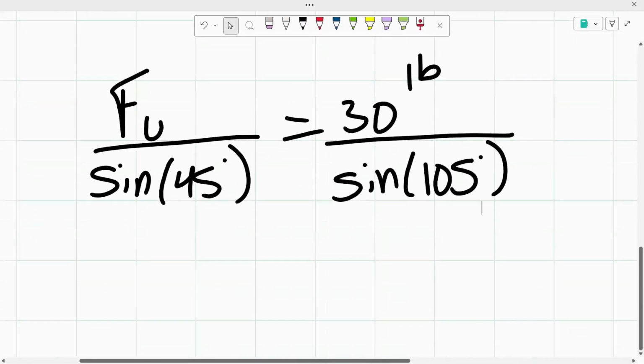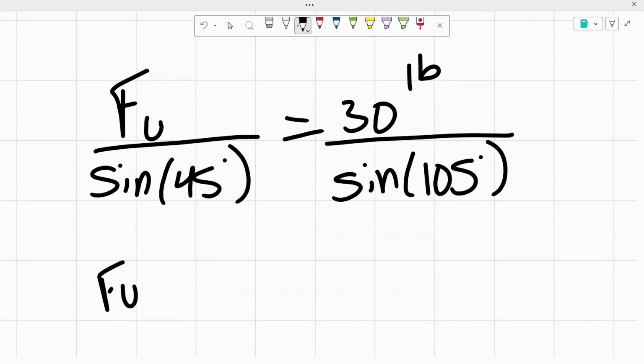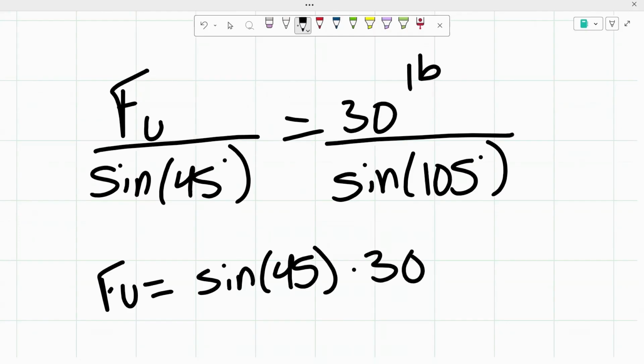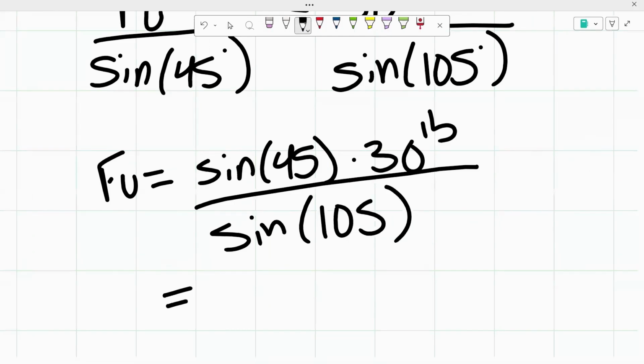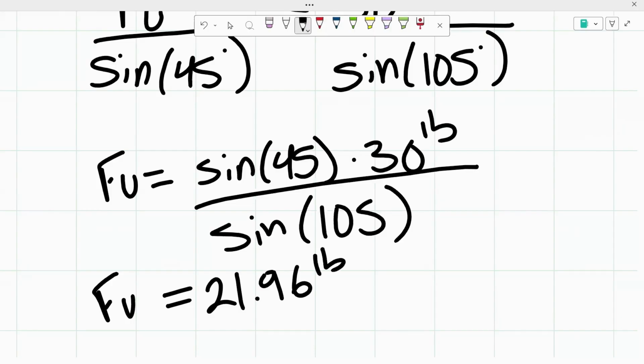From there, all we have to do is solve for F of u. So F of u is equal to sine of 45 times 30 pounds all over sine of 105. You plug that into your calculator, and once again, your calculator has to be in degrees, and that should give you that F of u is equal to 21.96 pounds. And just like that, we found the magnitude of our component u.